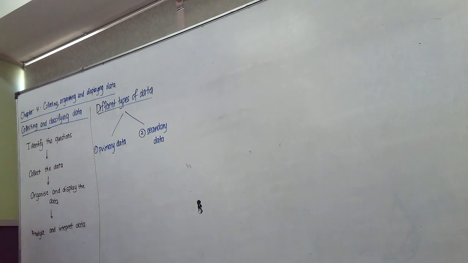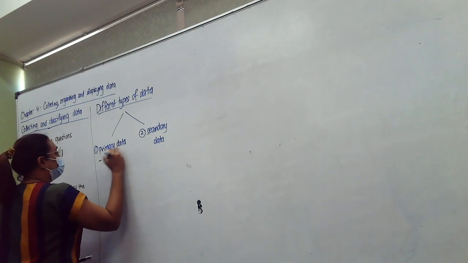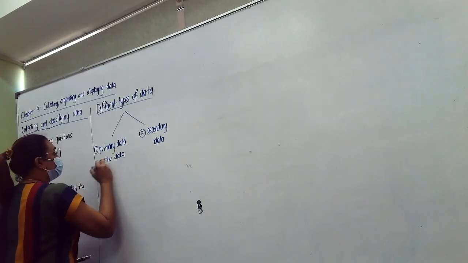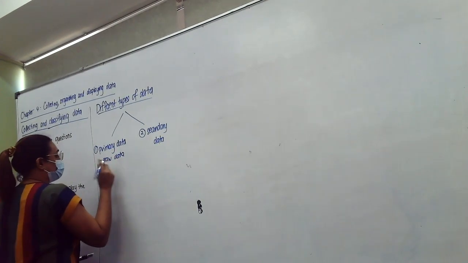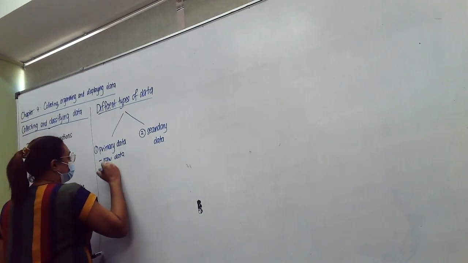What's primary data? It is the raw data, data collected by the person who is doing the investigation.